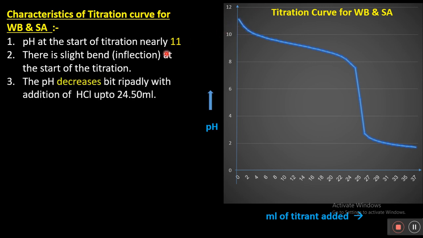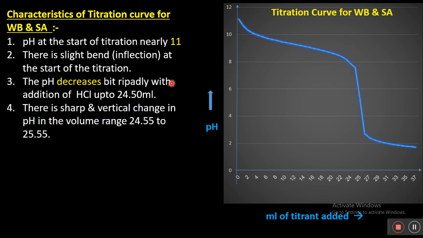Third point, pH decreases a bit rapidly with addition of HCl up to 24.50 ml, and this change is linear. Fourth point, there is a sharp and vertical change in pH in the volume range 24.55 to 25.55, in this range.